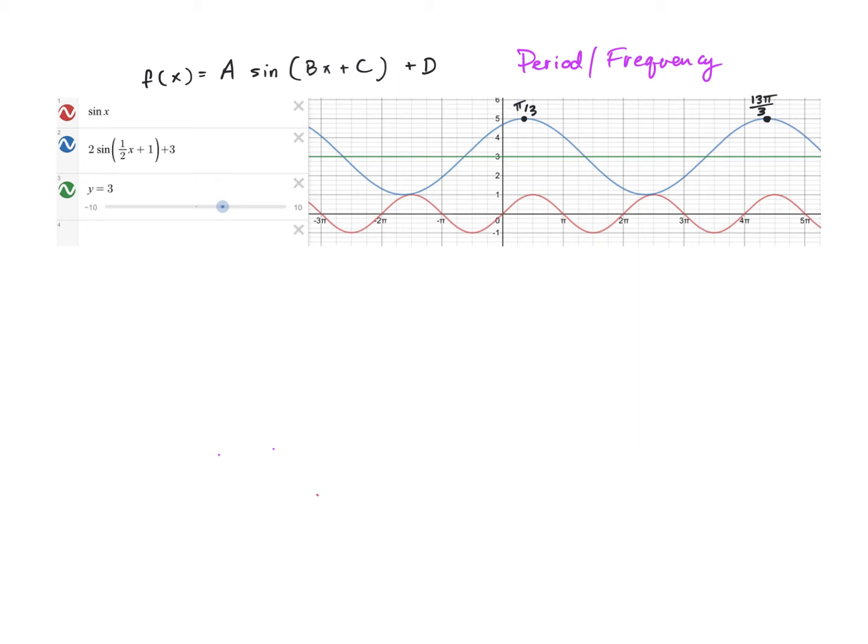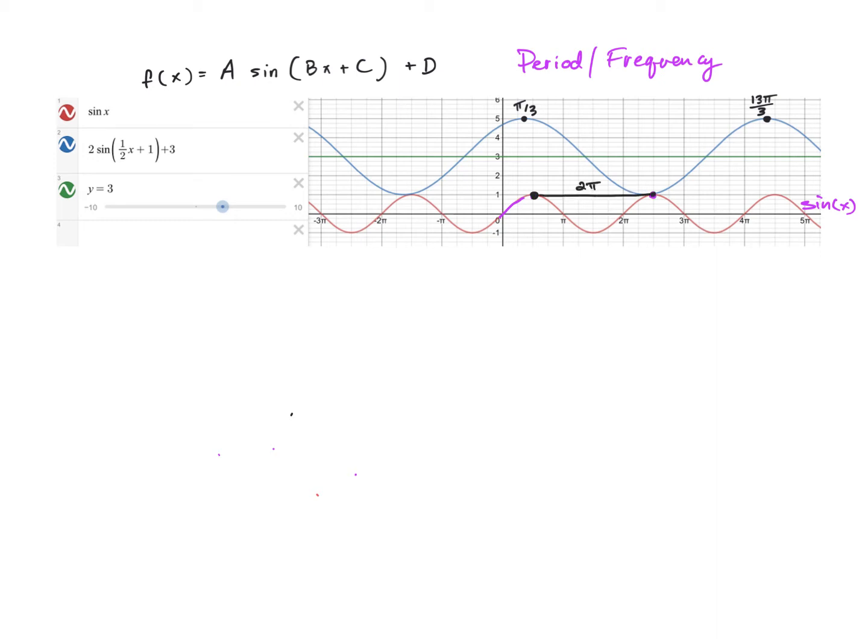Let's look at our regular sine function here. Let's say we have two maxima. This red graph is our regular parent function of sine, and the distance between these two maxima is a period of 2 pi.